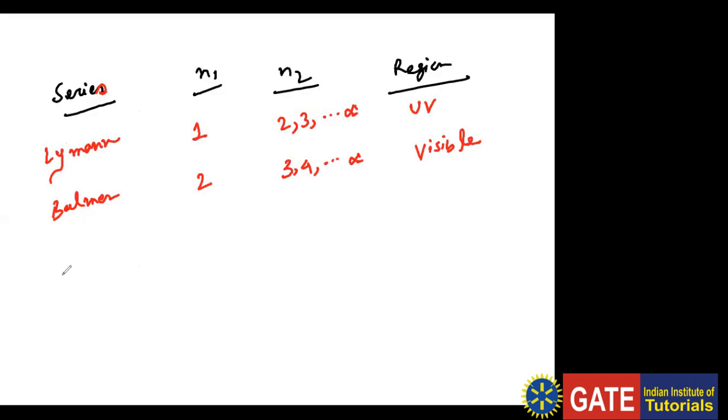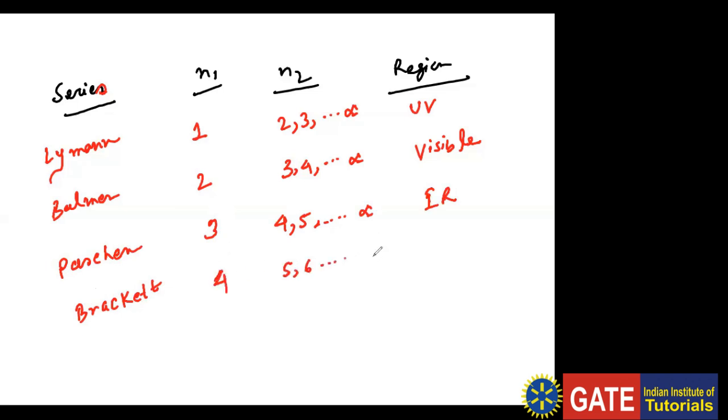Next is IR, infrared. IR is infrared. Paschen. Only Balmer comes in the visible region.